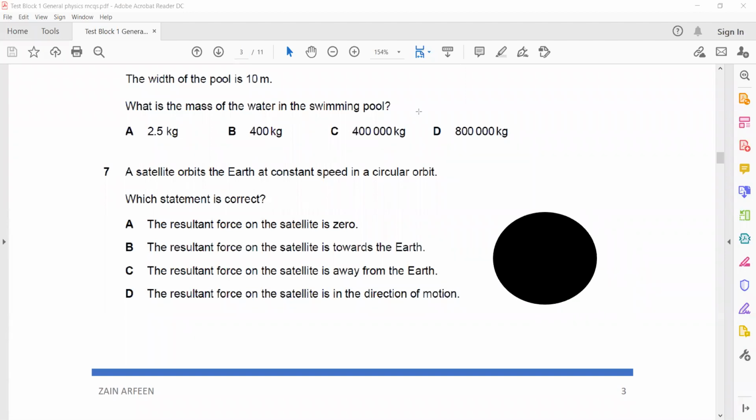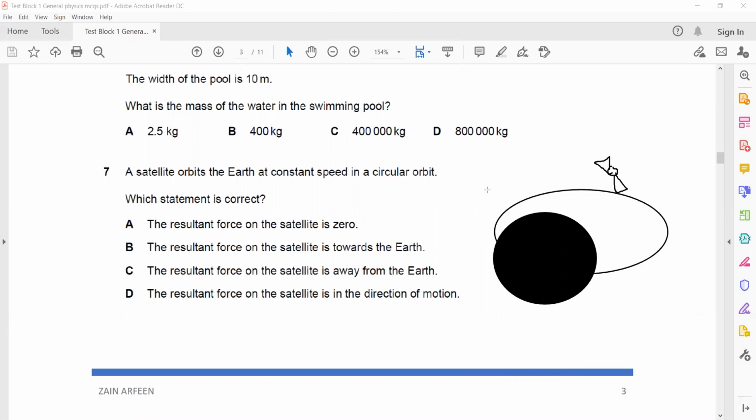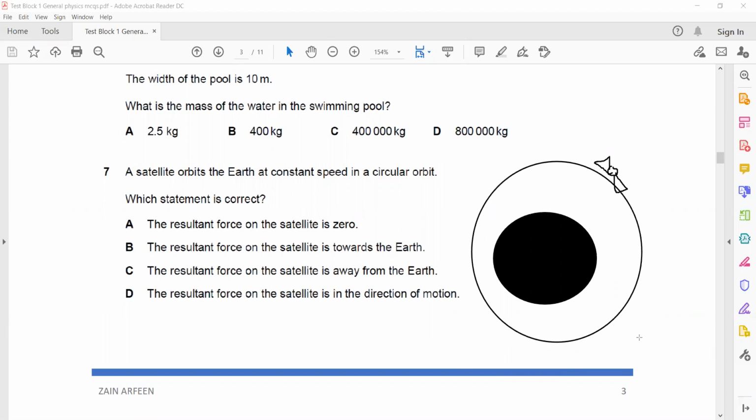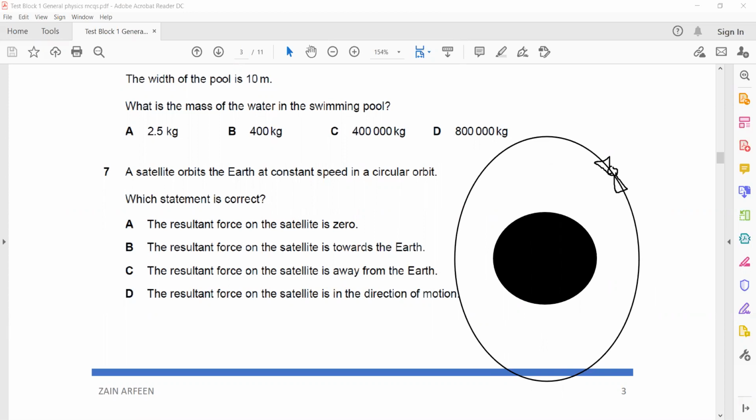For example, if this is Earth and a satellite is moving around the Earth in a circular path, what is the direction of the force?